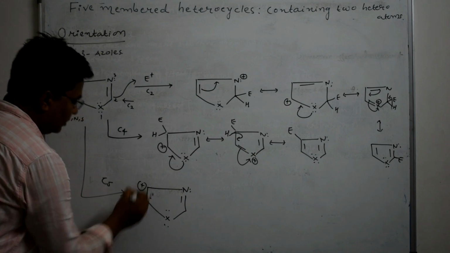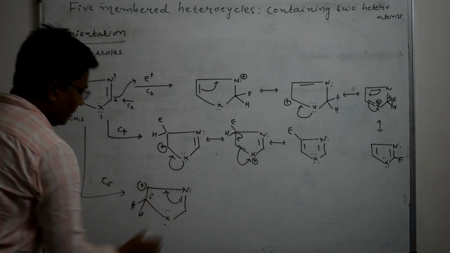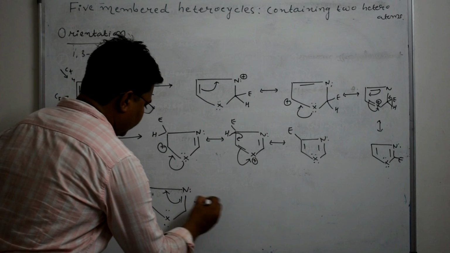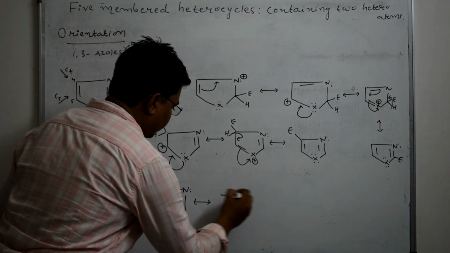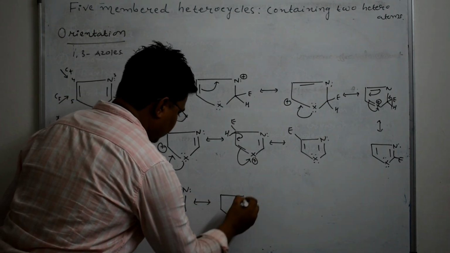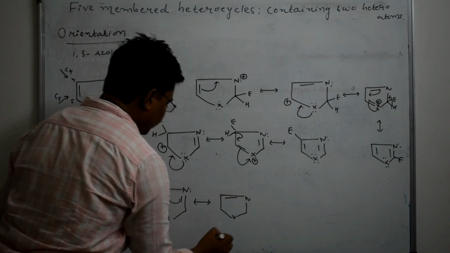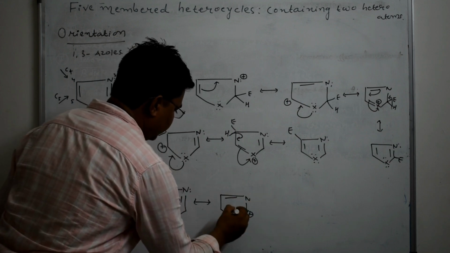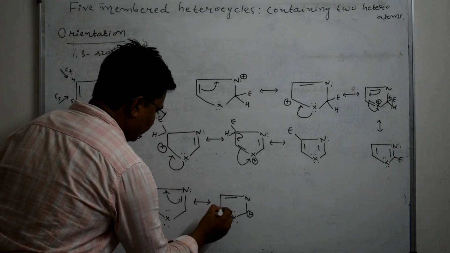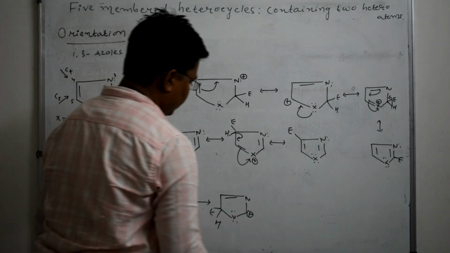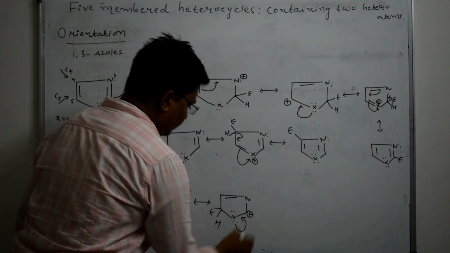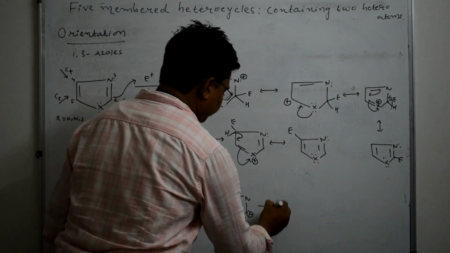This will become positive charge. This group will migrate over here. This electron will migrate. So this will become positive charge. E, H. So this group will be transferred over here.